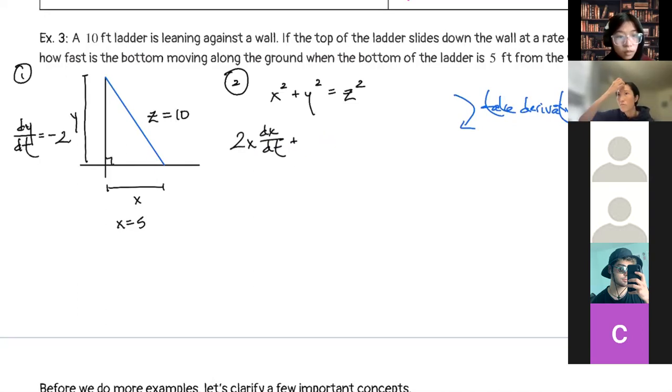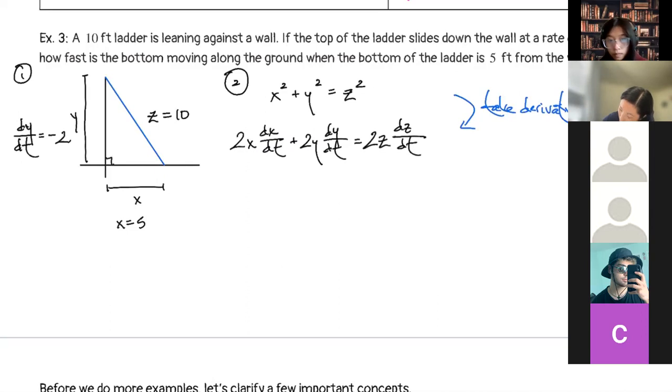All right, if we take the derivative of the y squared term, 2y dy dt, good. 2y dy dt. And if we take the derivative of the other side, we'll get 2z dz dt. Okay.